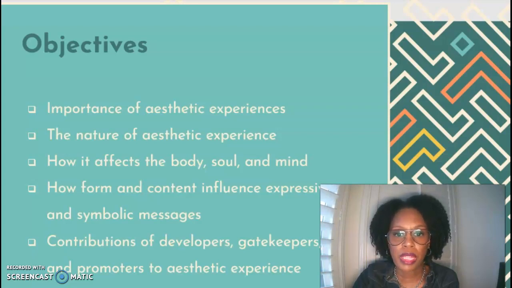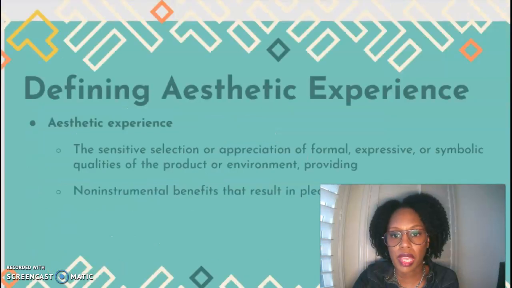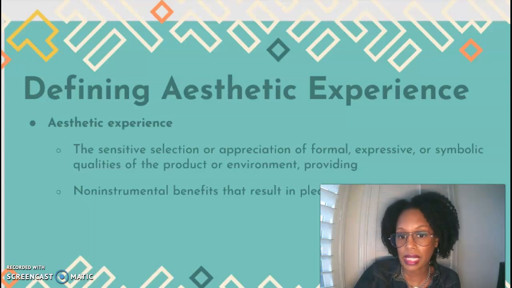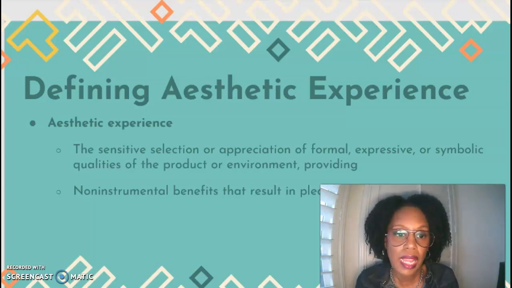Some of the things that we're going to look at is that experience, and you'll discover that aesthetics is more than a visual experience. It's multisensory.